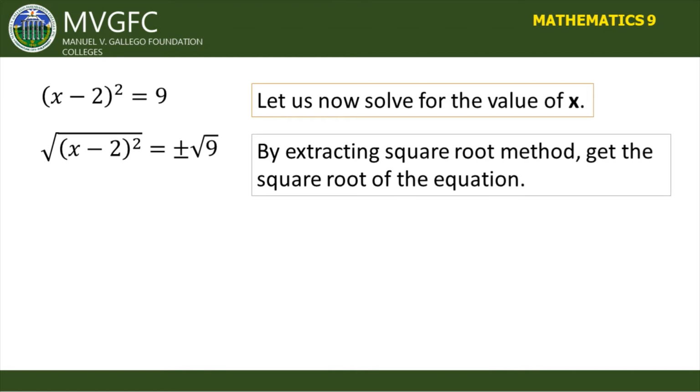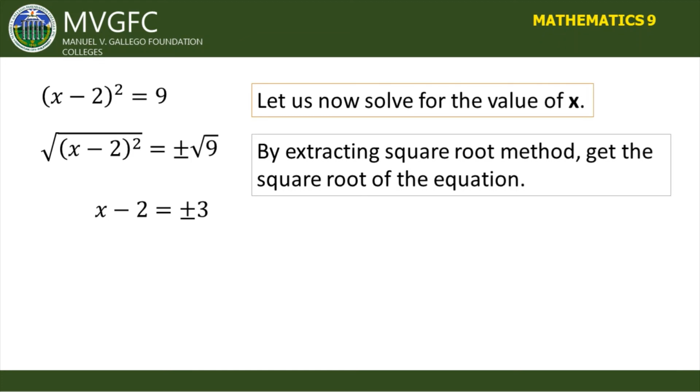By the extracting square root method, get the square root of the equation. Of course, both of them are involved. So we have the square root of x minus 2 quantity squared is equal to plus minus the square root of 9. So since we use the plus and minus sign, the equation will be divided into 2.